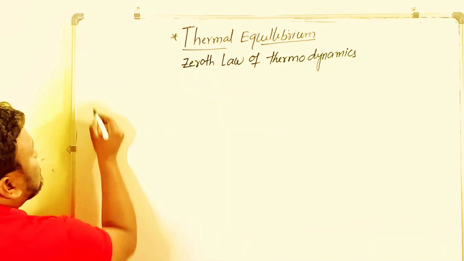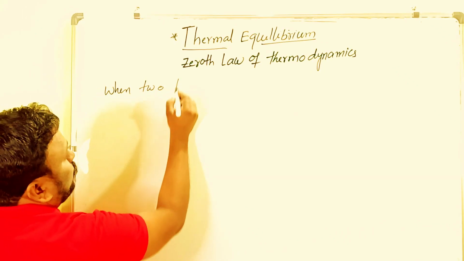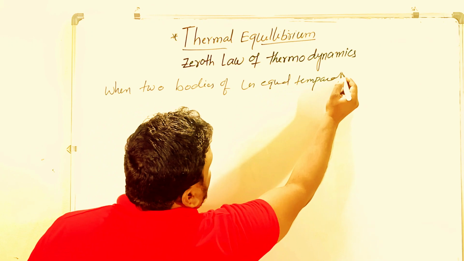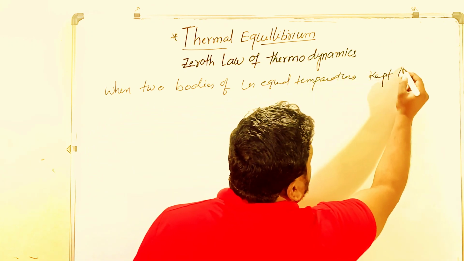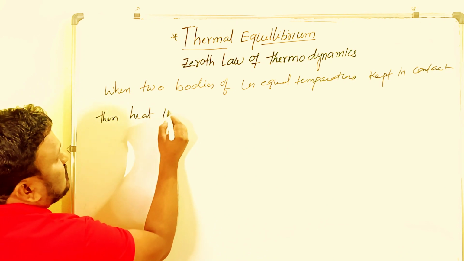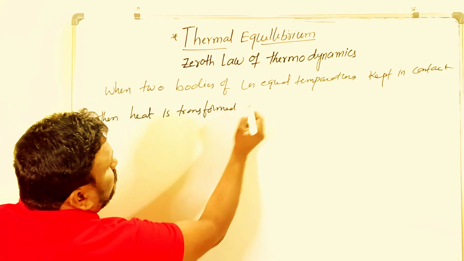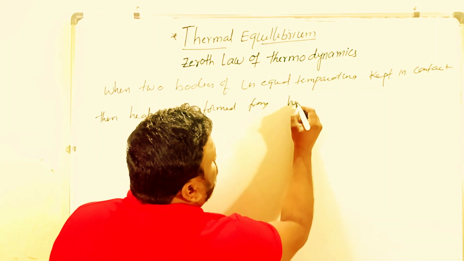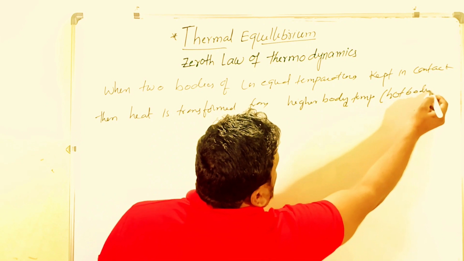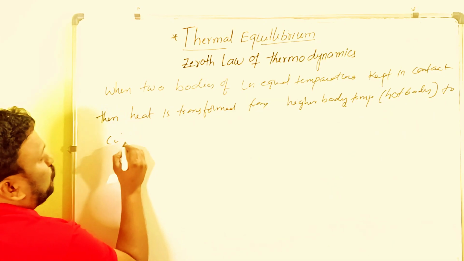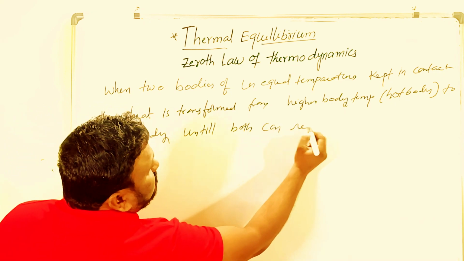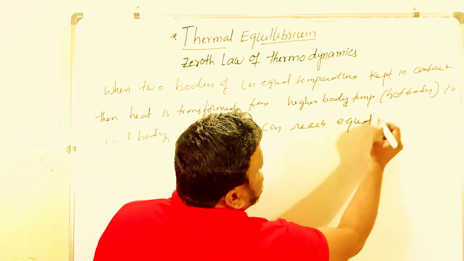Dear friends, thermal equilibrium means when two bodies of unequal temperatures are kept in contact, then heat is transferred from the higher temperature body, simply the hot body, to the cold body until both reach equal temperature.